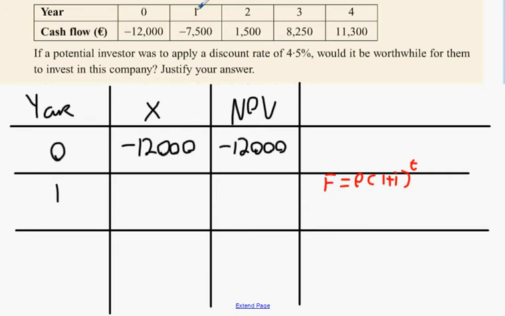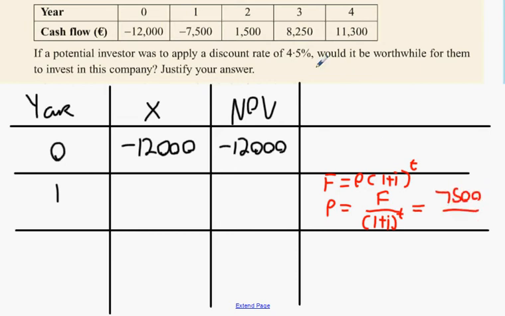It's only 1 year, so it's the power of 1. And what you can say is, well, look, my present value, my P value, could be the same as my final value divided by (1 plus i) to the power of t. We're going to use that formula over and over and over again.